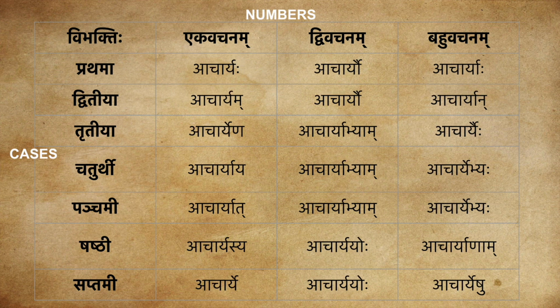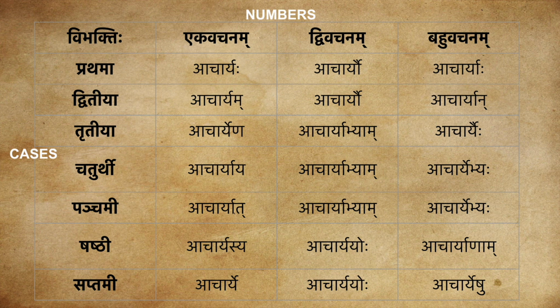Let's start with Acharya, teacher. Okay, so whenever possible, please say it aloud. So just like Ramaha, Ramau, Ramaha, we have Acharyaha, Acharyau, Acharyaha. Ramam, Ramau, Raman. Acharyam, Acharyau, Acharyan. Ramena, Ramabhyam, Ramaihi. So we have Acharyena, Acharyabhyam, Acharyaihi.